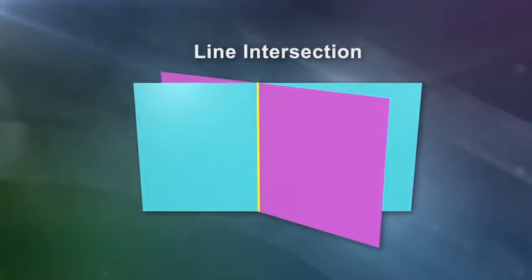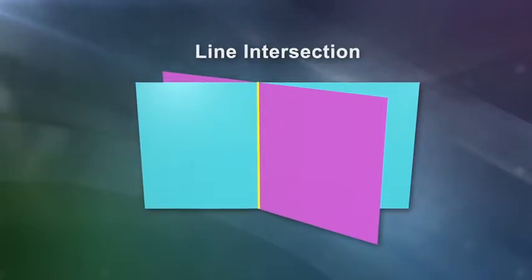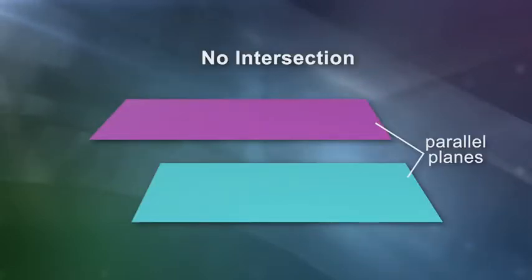So in that case, you'll get a whole line of solutions. And if two of the planes are parallel and not identical, then there will not be a point that satisfies both planes simultaneously. So even when you intersect these planes with another plane, the set of solutions to all three equations is going to be empty.